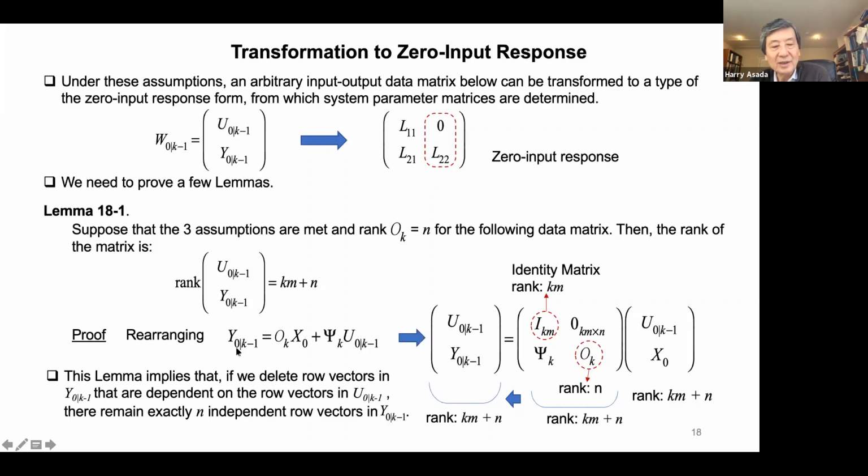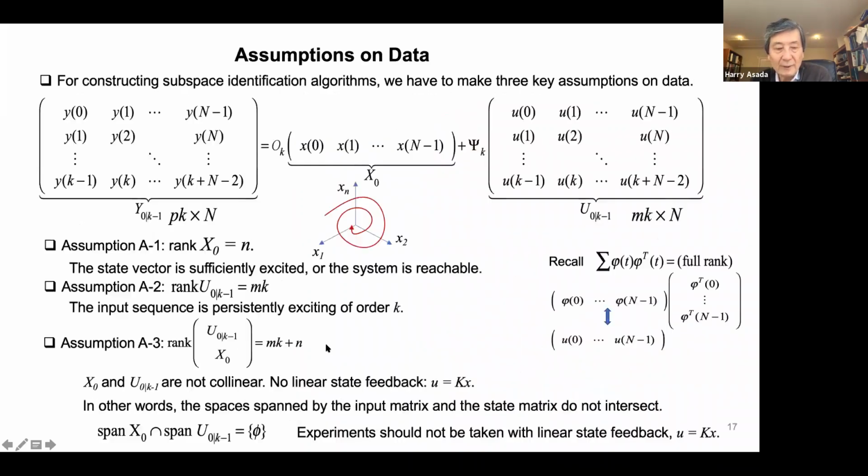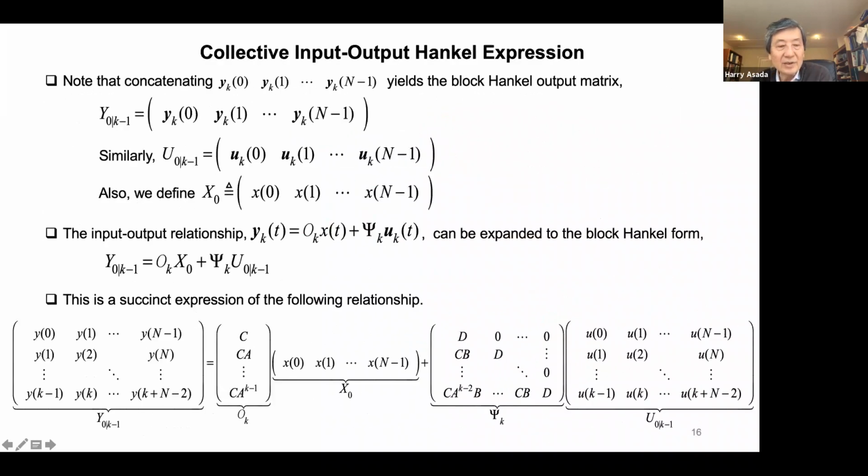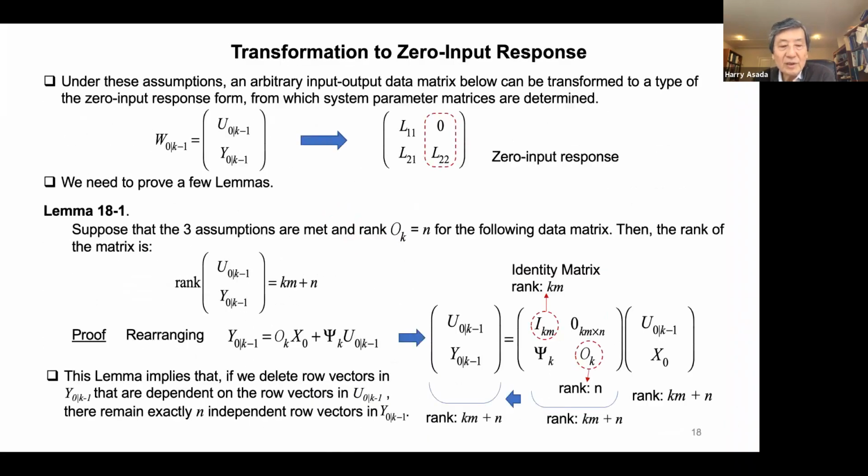The proof is something like this. Y_{0,K-1}, this is the big representation that we just wrote some time ago. This one can be written in this way. This is a very artificial treatment. U_{0,K-1}, Y_{0,K-1}, let's write it this way. And then this side, by the assumption made for this matrix, U_0K and X_0 is full rank.